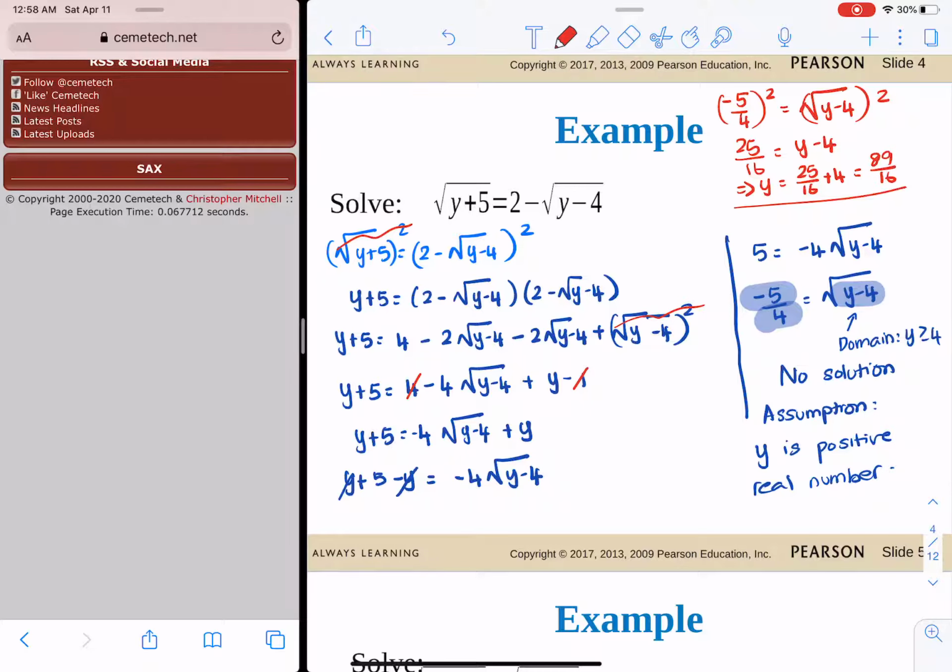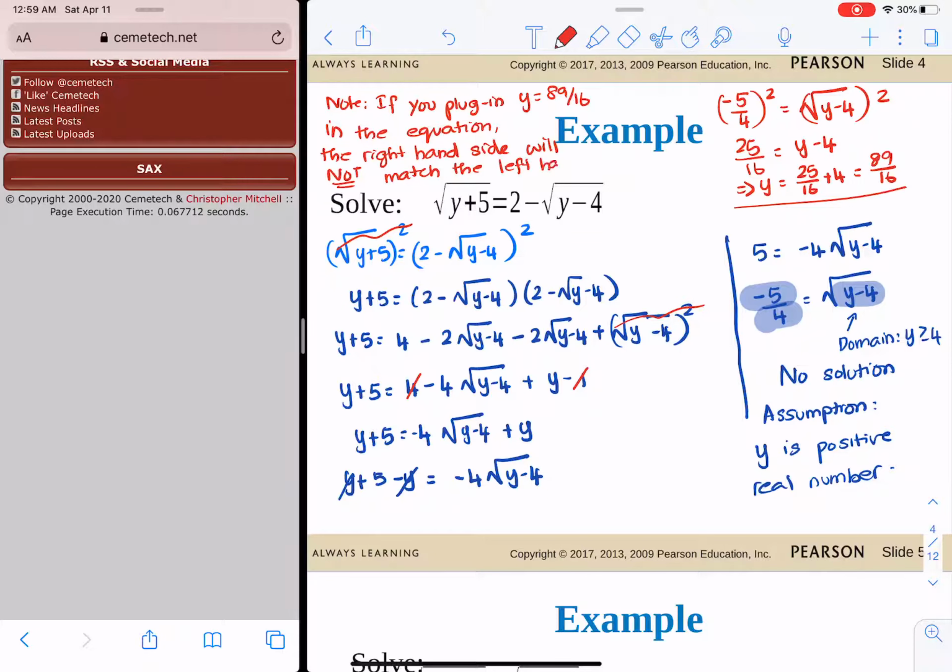I'm going to let you try this. If you plug in 89 over 16, the right hand side will not match the left hand side.